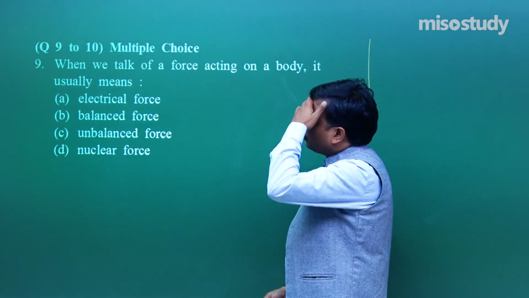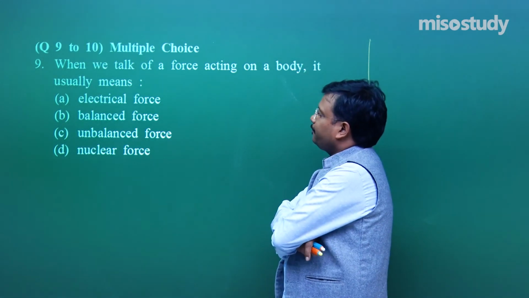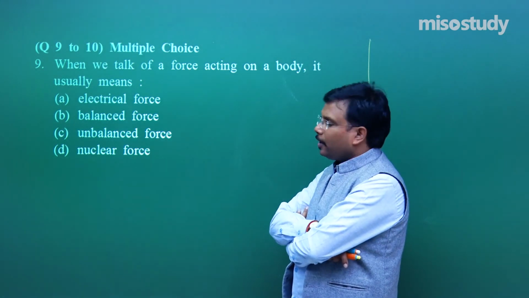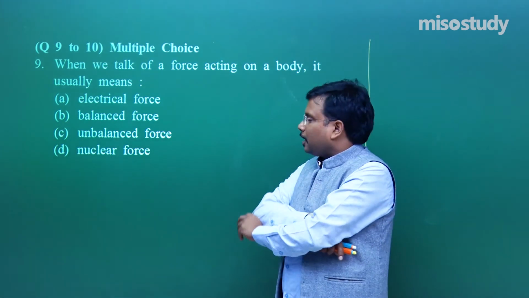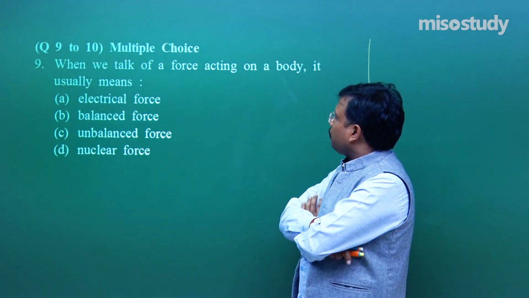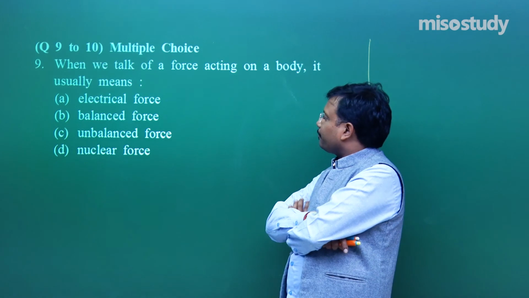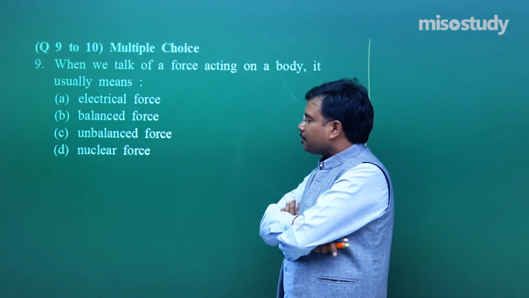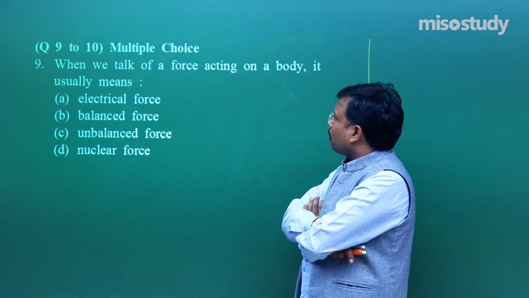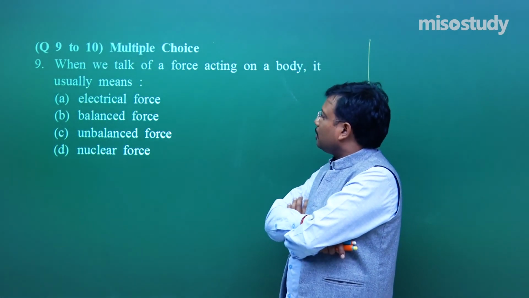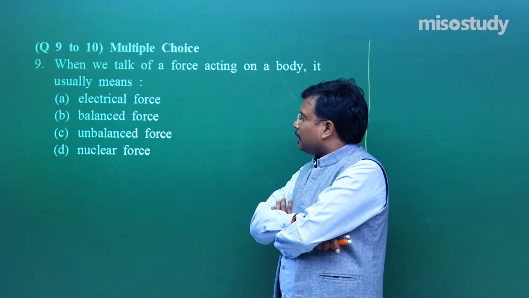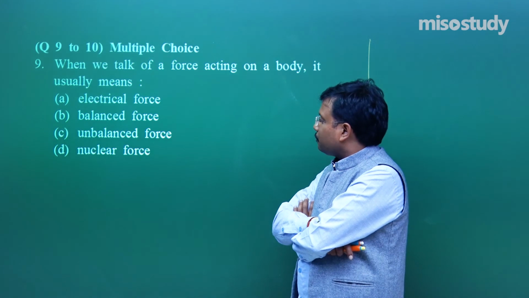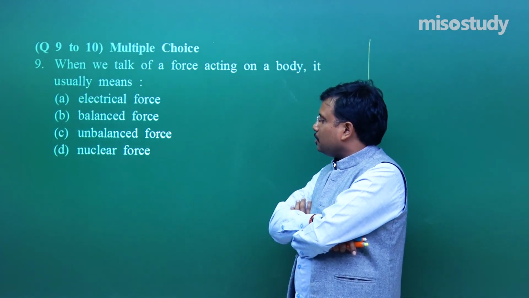Now, there are two questions, question number 9 and 10, and these are multiple choice. Out of 4, one is available as a correct choice. When we talk of a force acting on a body, it really means: electrical force, balanced force, unbalanced force, or nuclear force.